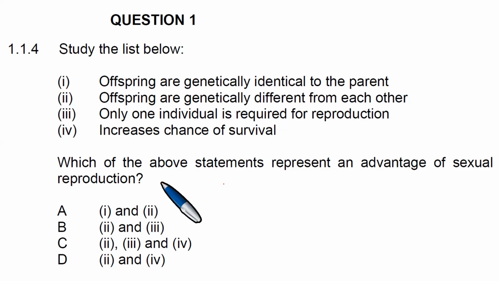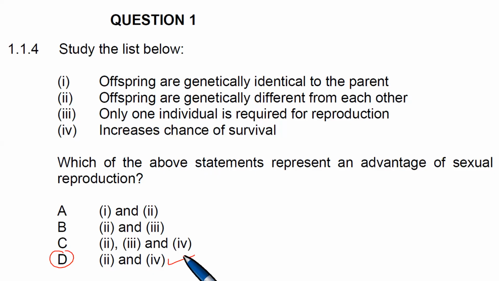So if we look at the advantages of sexual reproduction, surely we agree that sexual reproduction increases chance of survival, but also we agree that offspring are most certainly genetically different from each other. So in a discussion of this nature, we'll most certainly agree that the correct option here would have to be option D.